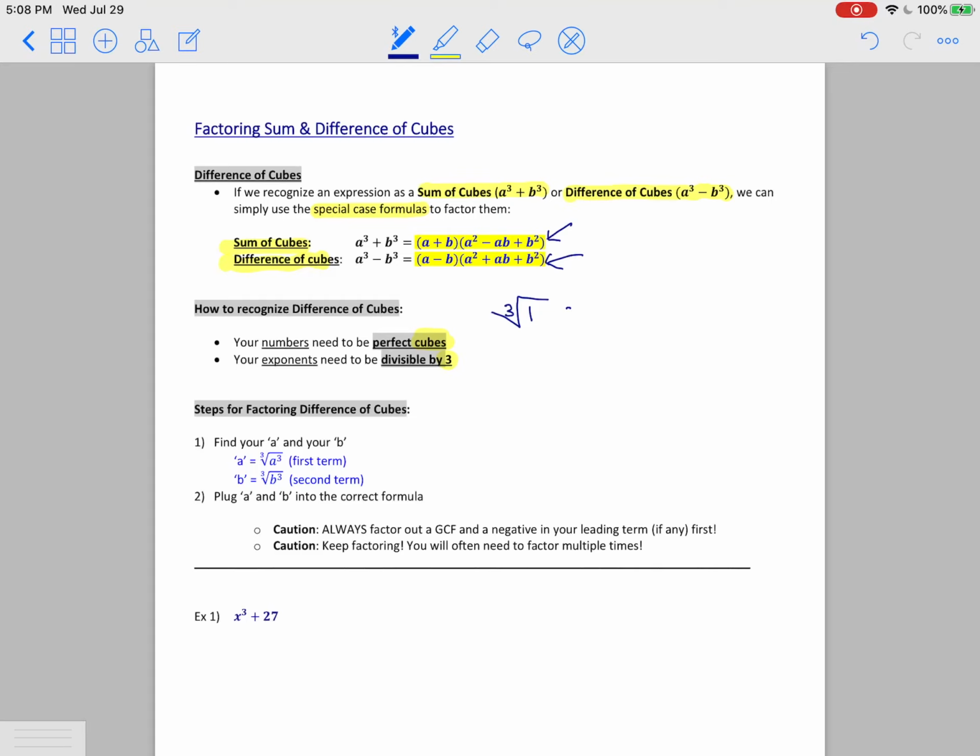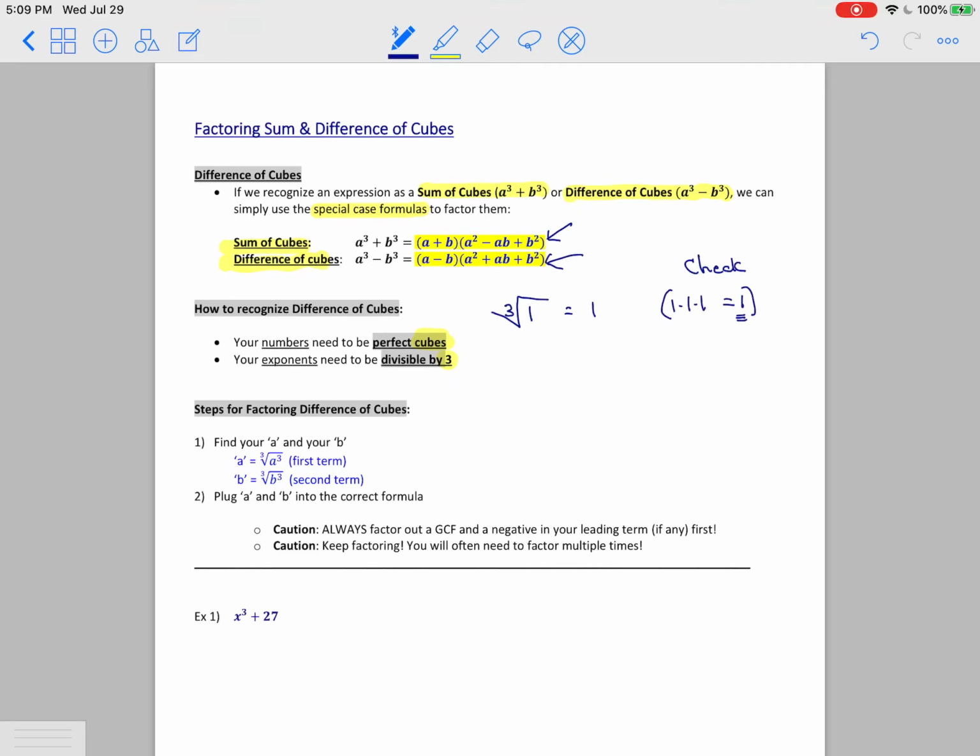For example, the cube root of 1 is just equal to 1, because 1 times 1 times 1 equals 1. That's kind of the check.